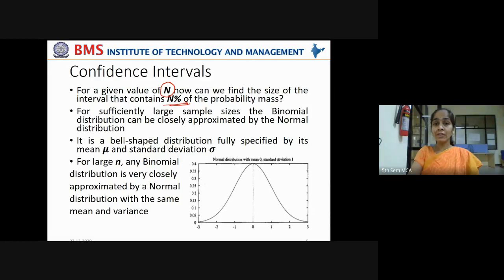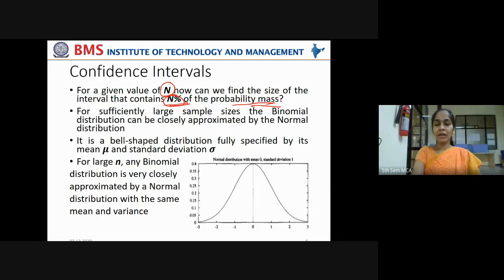But when you're taking continuous values, the probability associated with them is called the probability density function. Now we are taking here discrete values of the confidence interval. That is why we wanted to find the size of this probability mass.